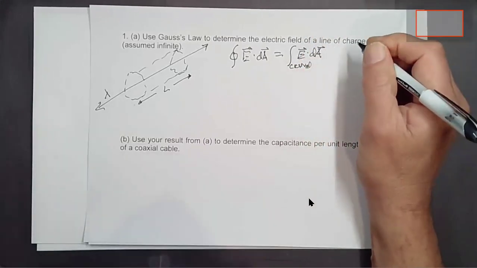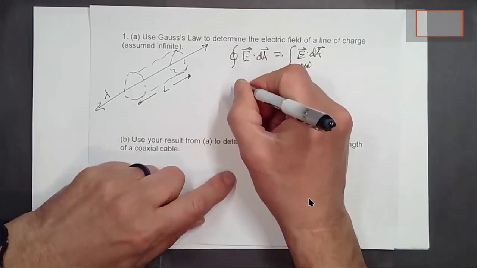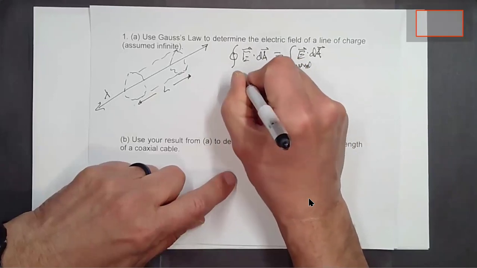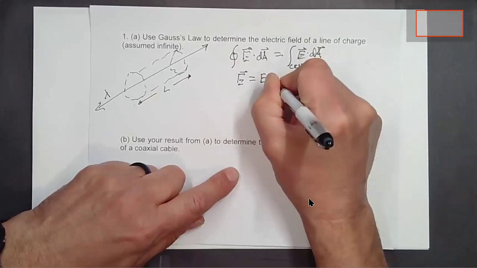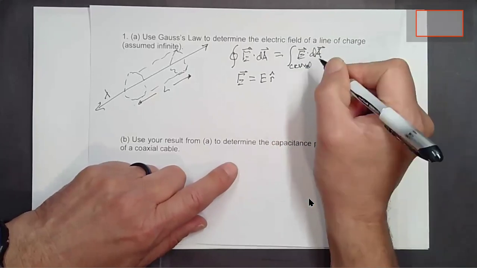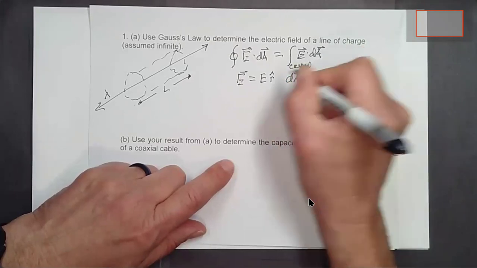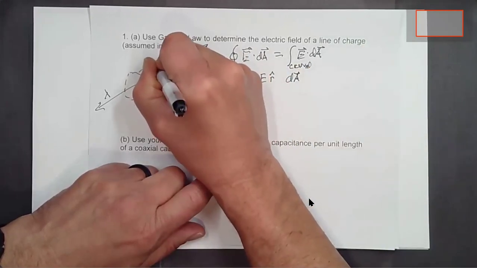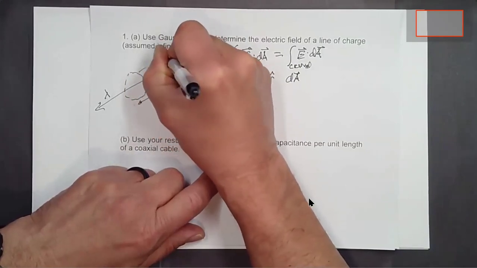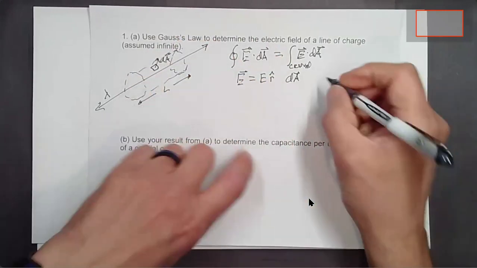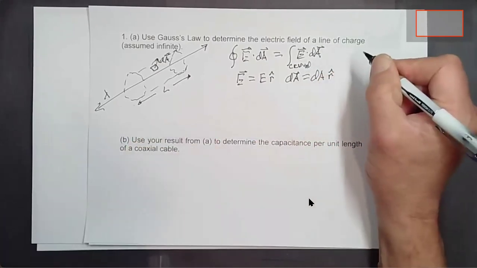And we've done this a few times before now. E in this case is going to point radially away from the wire. So I'll just write it as E is equal to whatever the magnitude of E happens to be along some R hat direction that's pointing radially away from it. And then for dA, wherever I am on this curved surface, I'll just imagine a little chunk here, and dA will point radially away from that thing, and dA is going to be whatever its area happens to be in the same R hat direction.